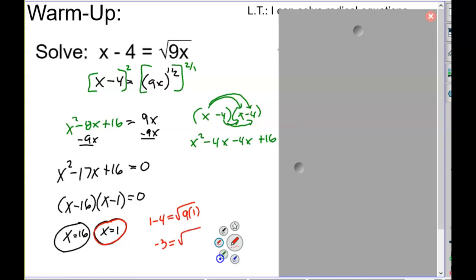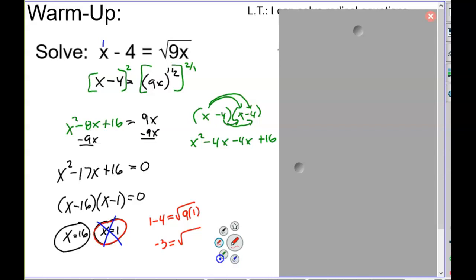If I stop right there, you see a problem with that? What's the problem? Square roots cannot be negative. Anytime you take the square root of a number, it turns out to be positive. So we could have just noticed that if I put a 1 here, you're going to get a negative, and that automatically doesn't work.